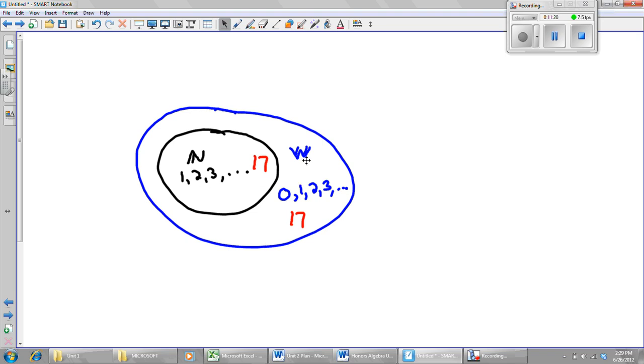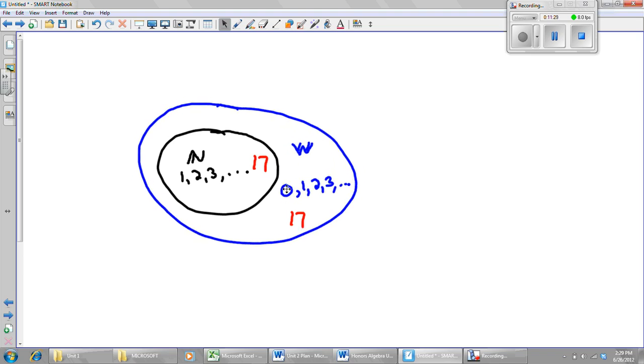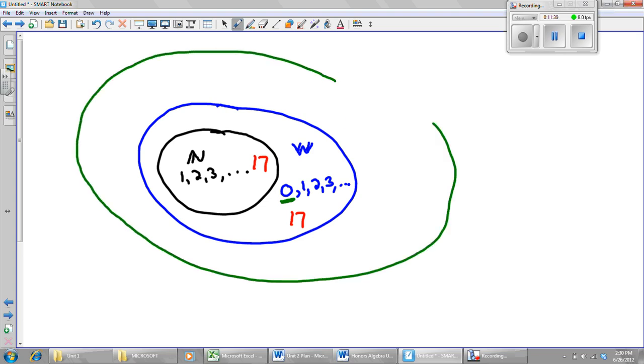Now, if I'm a whole number, am I automatically a natural? Some of you are thinking yes, but that's not correct because of this guy right here, the 0. 0 is a whole number that is not natural. So it needs to be on a new circle. All right, and then they take the circle a little further and they make this the integers.